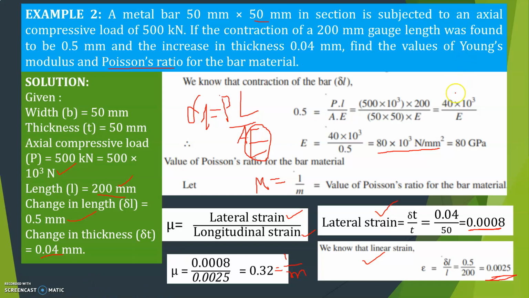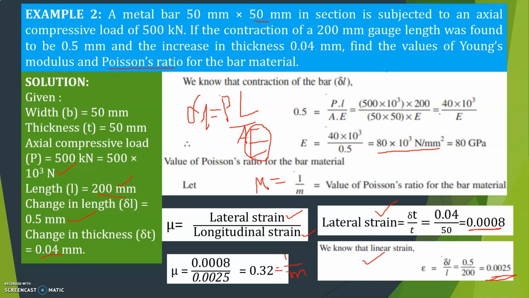I hope all of you understood now how to calculate the change in the thickness, or change in the width, or change in the length, or if it is asked to find Young's modulus or Poisson's ratio. Only you should know what is longitudinal strain or linear strain and what is lateral strain.